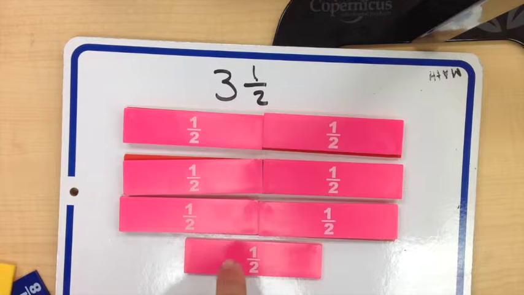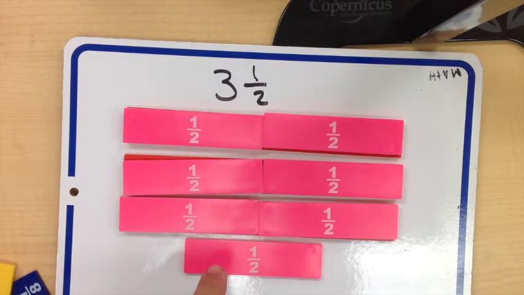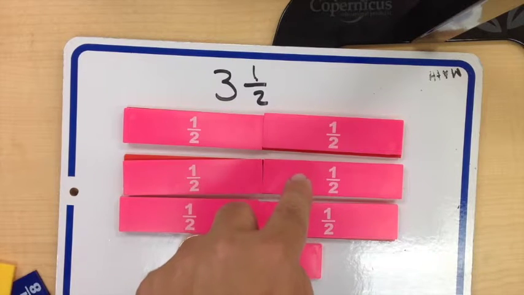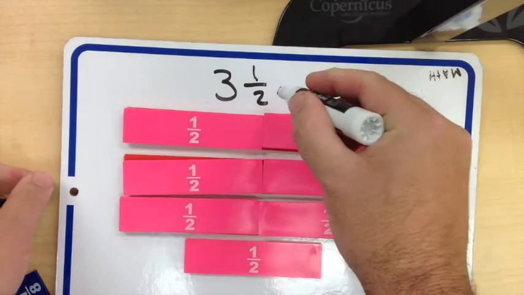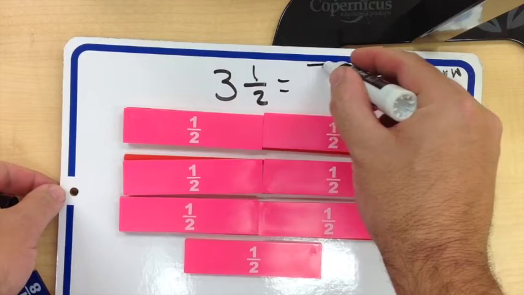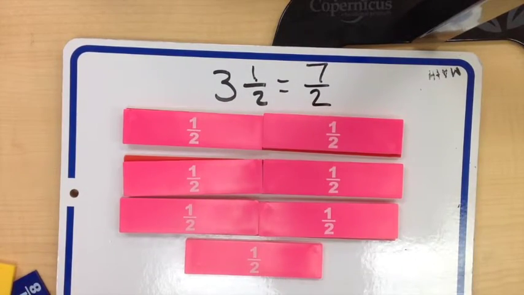And then my leftover 1/2 there. So I have 1, 2, 3, 4, 5, 6, 7. So 3 1/2 as a mixed number equals 7/2 as an improper fraction.